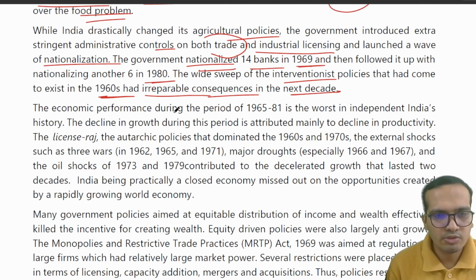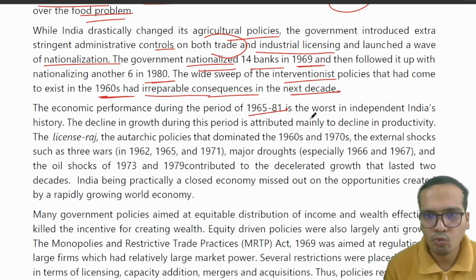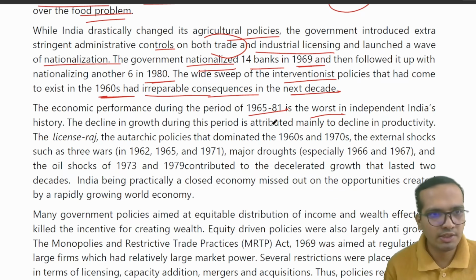The economic performance during the period of 1965 to 1981 is the worst in independent India's history. The decline in growth during this period is attributed mainly to decline in productivity.